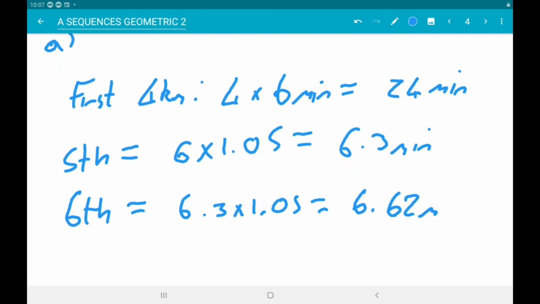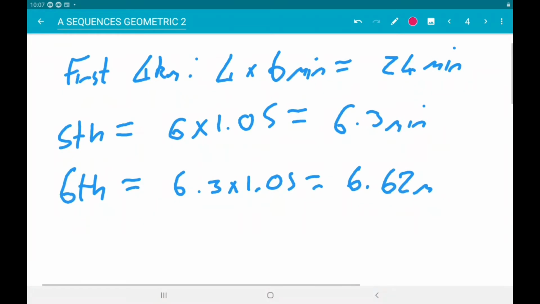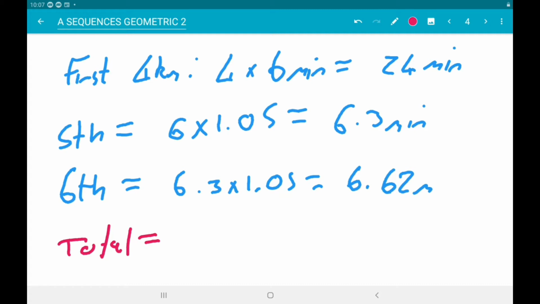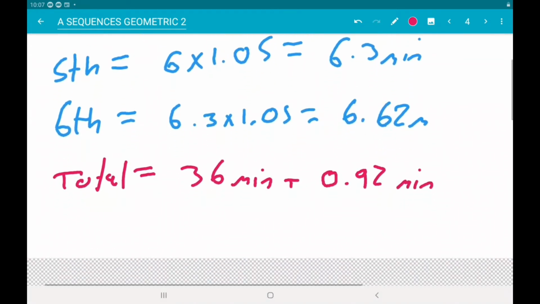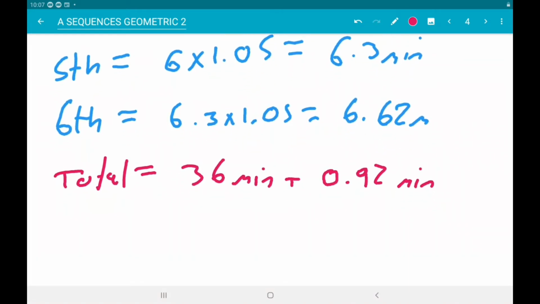So the total time, we got 24 add 6 add 6, so that's 36 minutes. Add 0.92 of a minute. So, multiply that by 60 and we get 55 seconds to the nearest second.